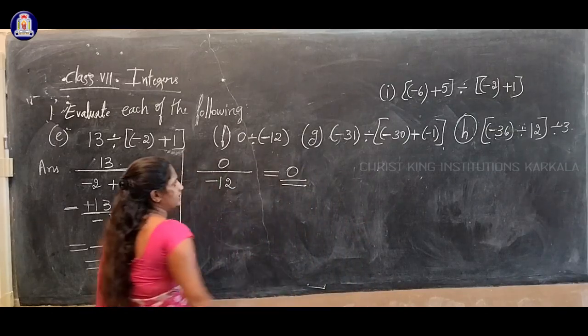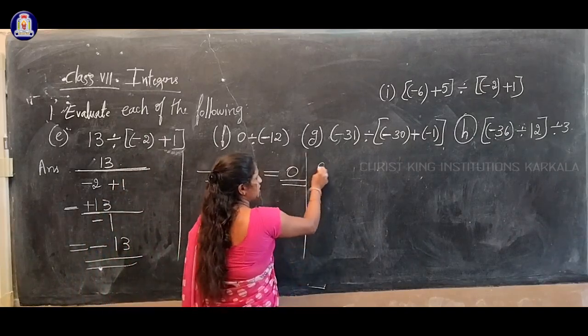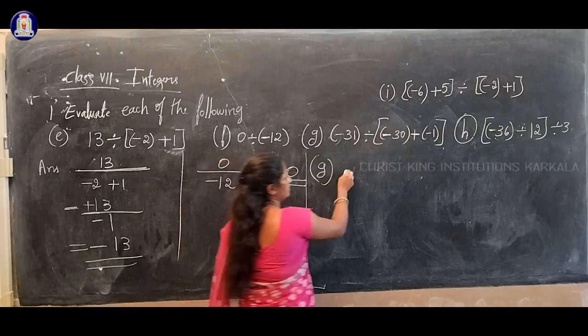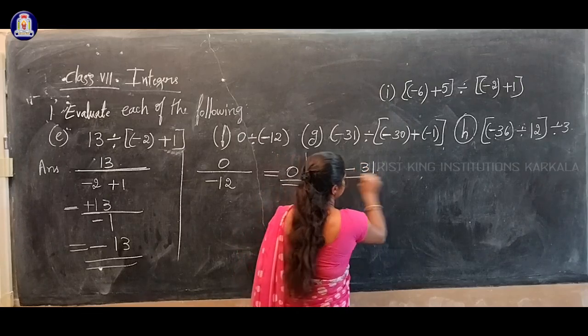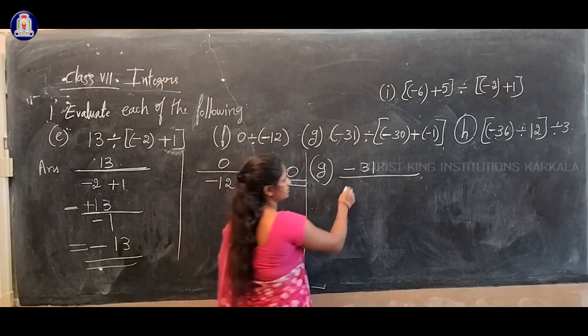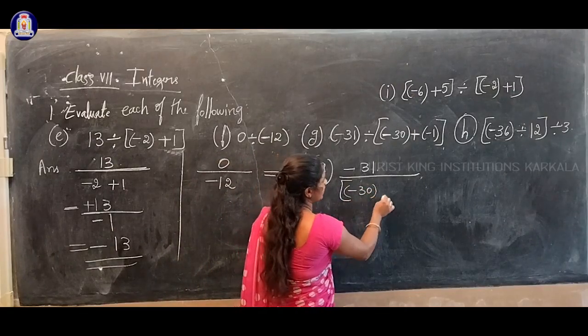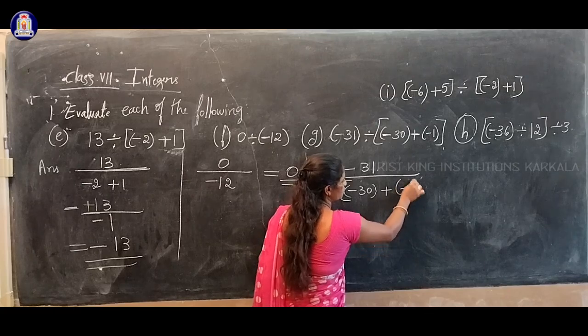Now the next question, number G: minus 31 divided by minus 30 plus minus 1.